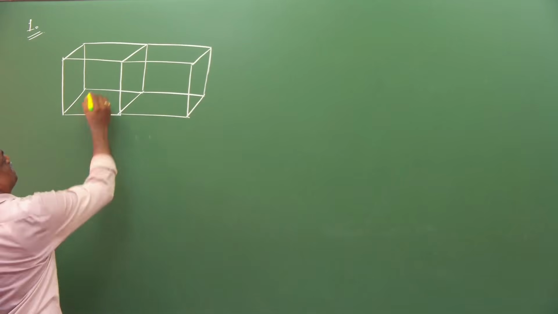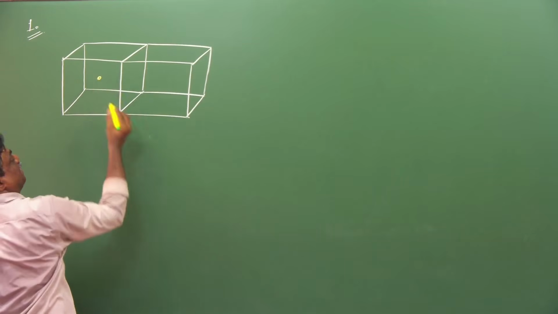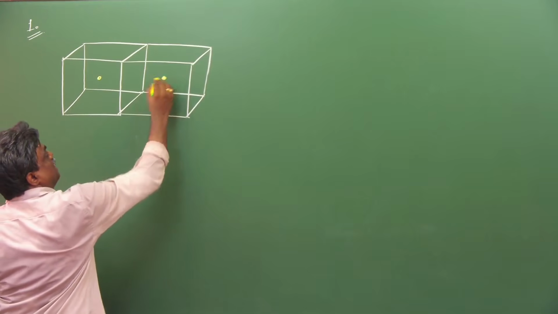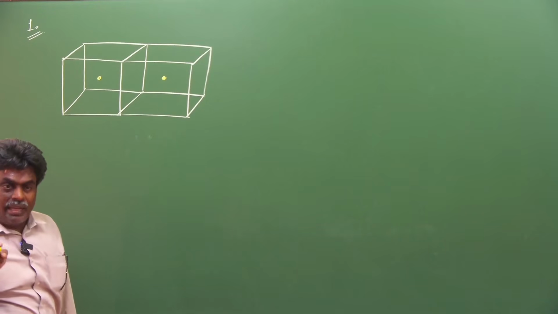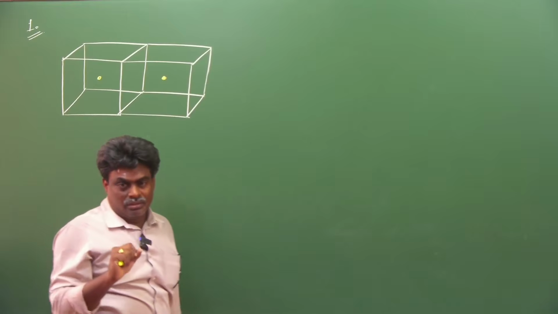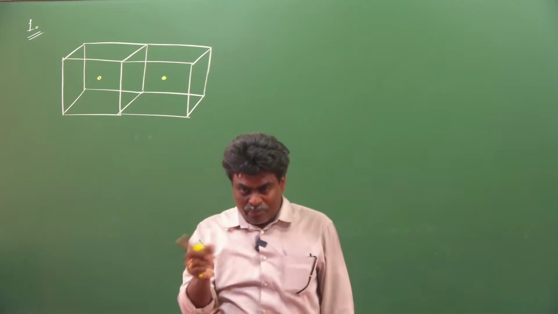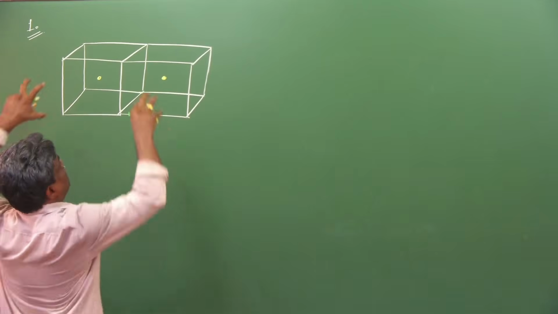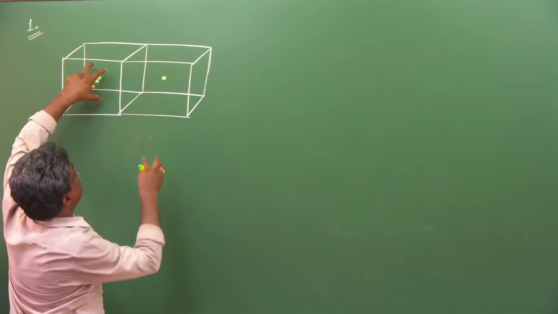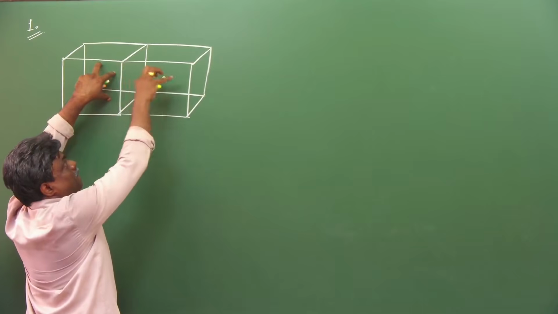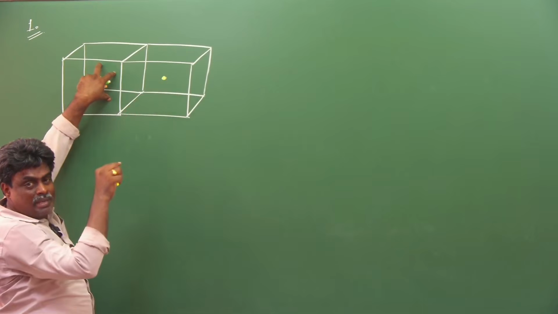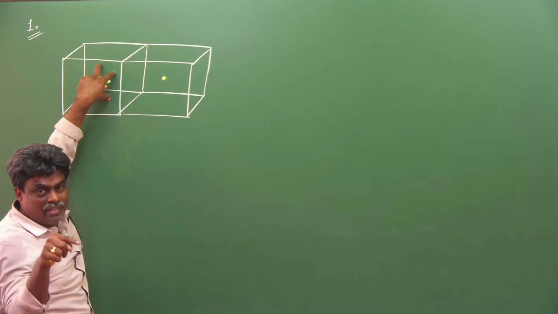Since it is a BCC, you have one body center here and one body center here. If you observe carefully, there exists a void between the two body center atoms. So in between there exists a void space, and for that we have to find the radius of this sphere.